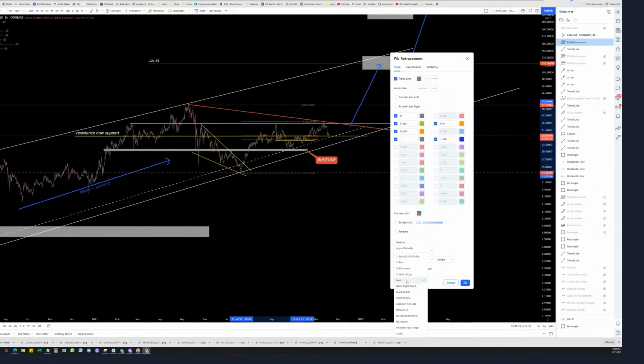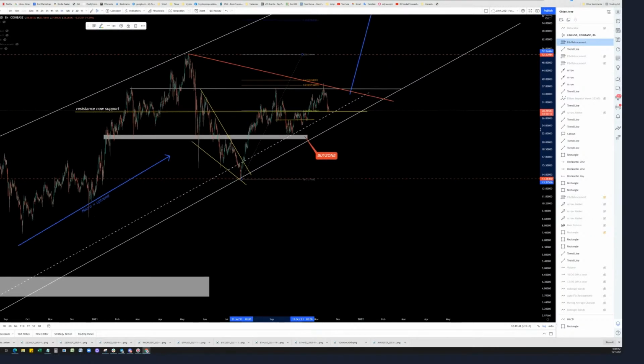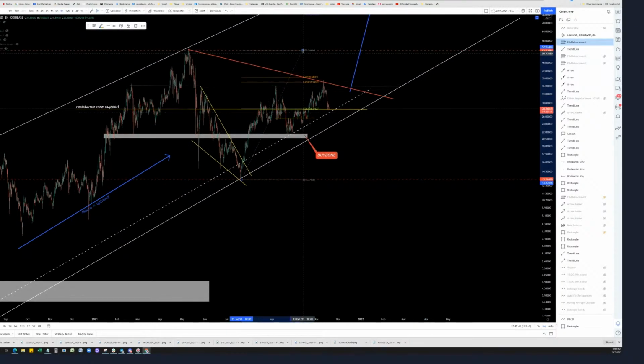No, that wasn't my default. That's my default. That's it. Fibs on. I need a reversal. There we go. So look at that. Close enough. So the 618 here was a resistance for the midsection.